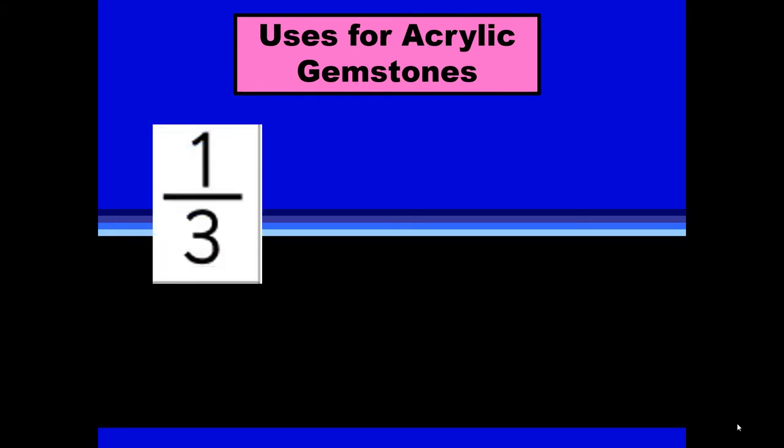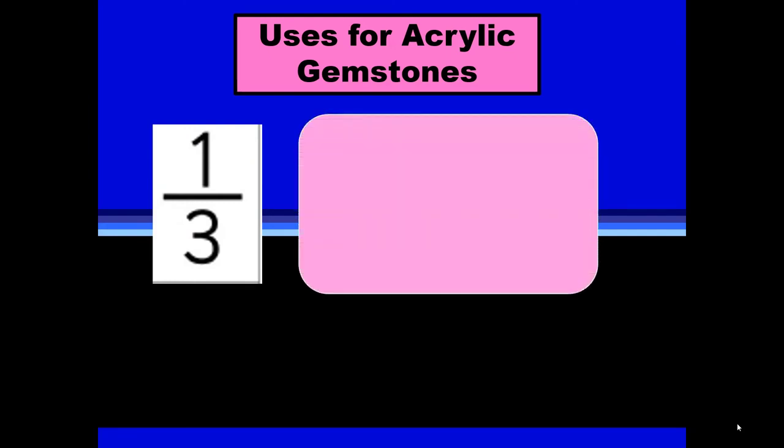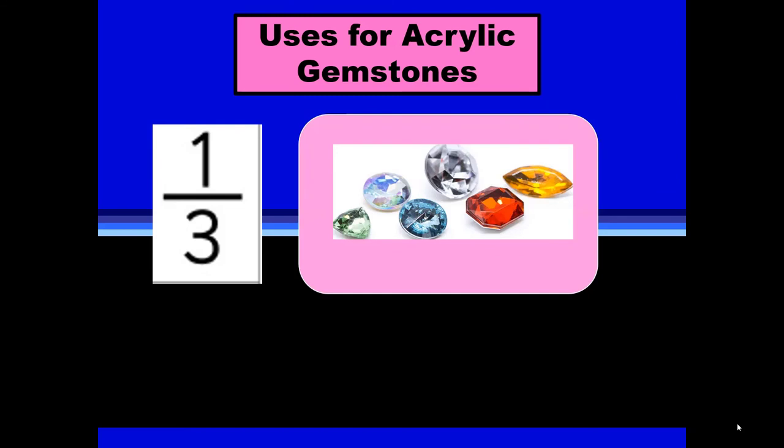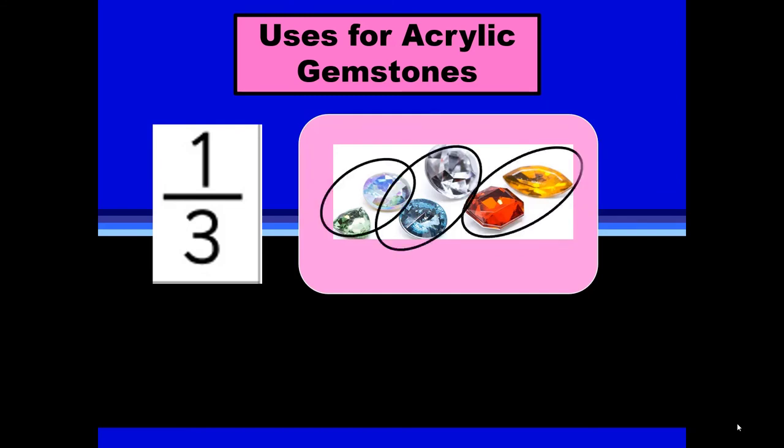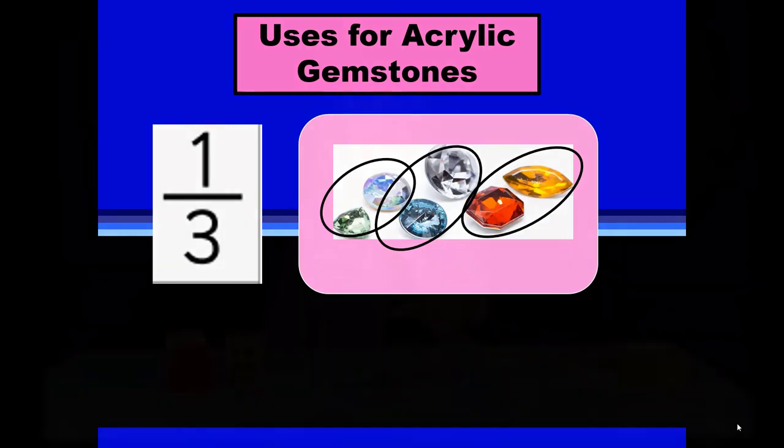Let's look at one concrete illustration of using gemstones to determine the fractional part of a number. Equal sets. There are 3 equal divisions, and one of those has 2 gemstones. So 1/3 of 6 you can concretely see is 2.